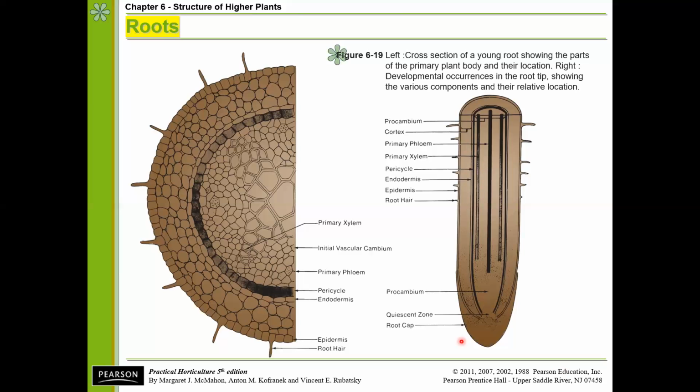At the end of root tips, we also have a root cap, and right behind that root cap is where we have the meristematic portion.